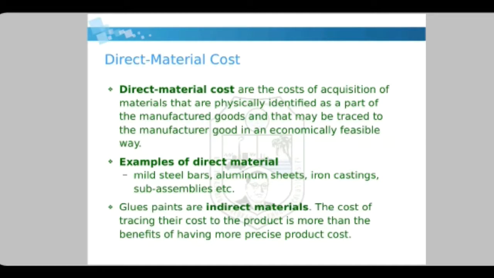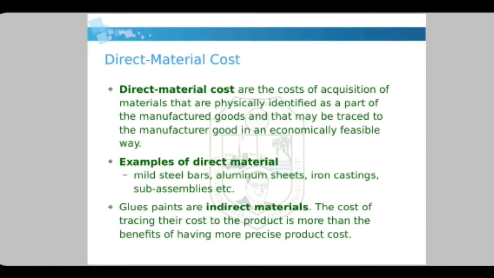If a cupboard requires 10 screws, the company is not buying 10 screws; it is buying many packets which contain thousands of screws. So that cost cannot be directly attributed to that product. So glues, paints are indirect materials.